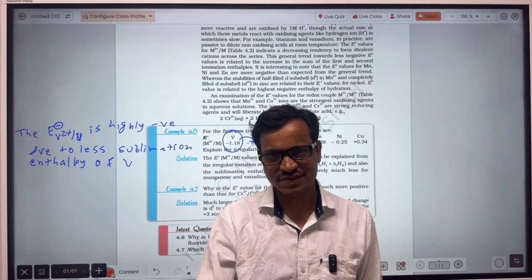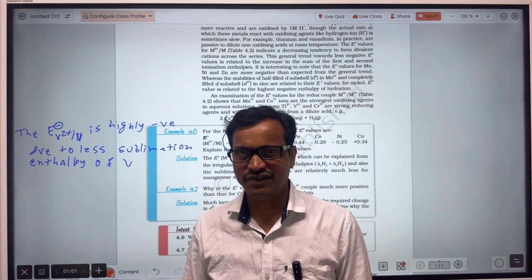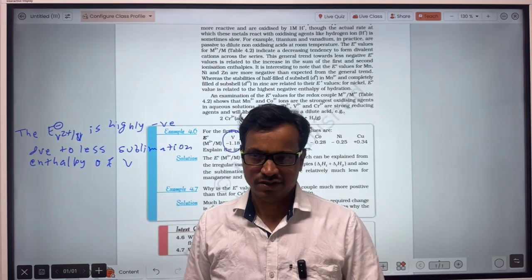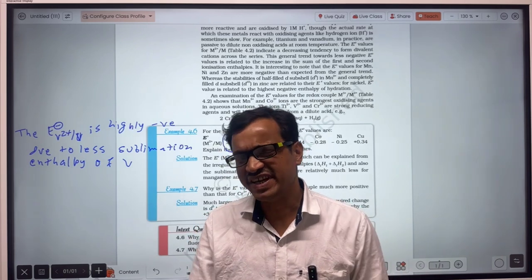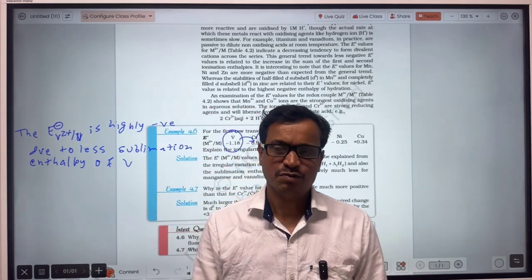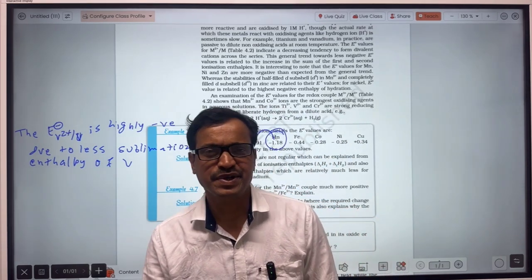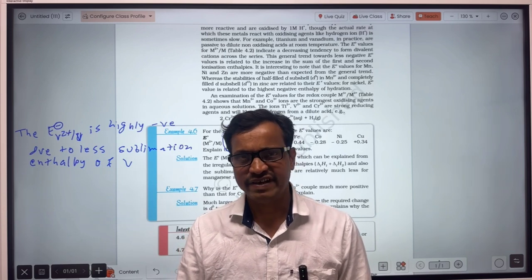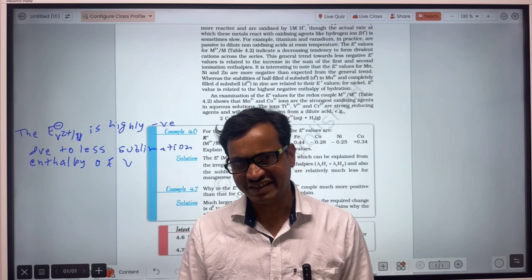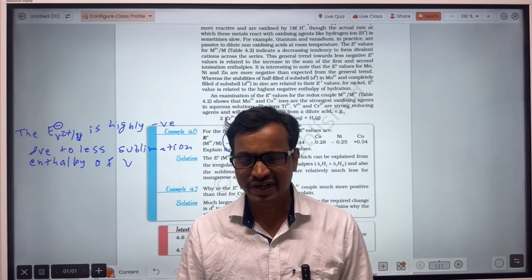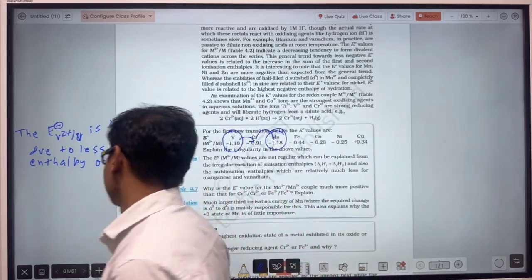Actually, so much heat energy has been supplied that the element goes into the vapor phase instead of the liquid phase, or when there is only a meager difference between the melting point and the boiling point of the element, then that element will directly go into the vapor phase. Okay, so let's see.